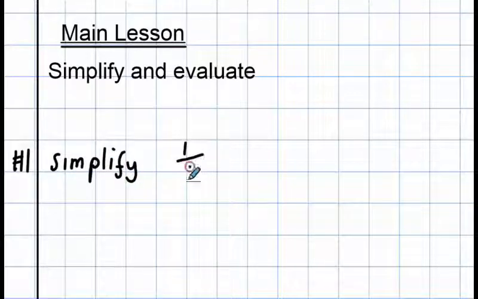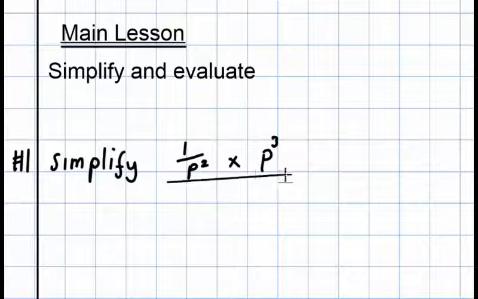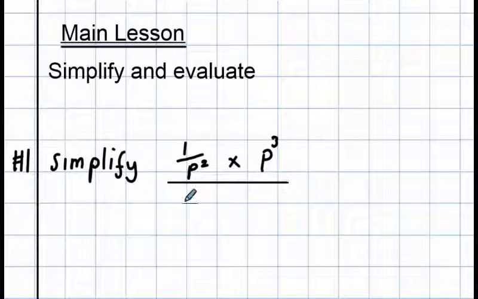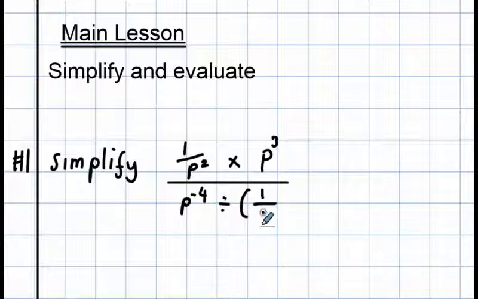One over p squared times p to the power of 3, all over p to the power of minus 4 divided by 1 over p to the power of 3.